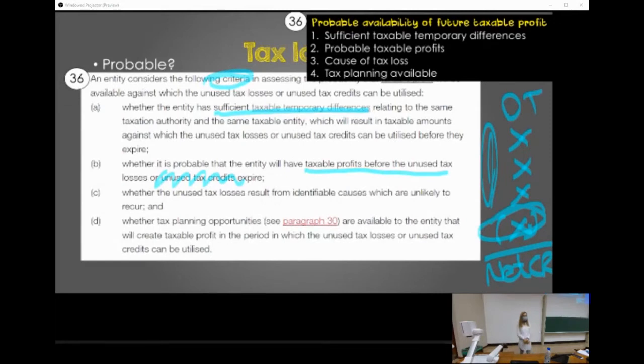And then C, important, whether the unused tax losses result from identifiable causes which are unlikely to recur. So if I know why I made this tax loss in the current year, for example, we have an excellent example now. Many businesses did not have such a good year in 2020.